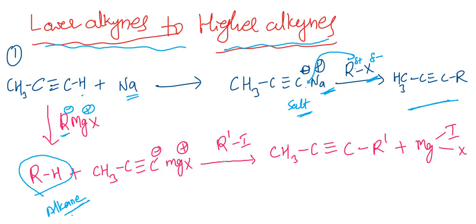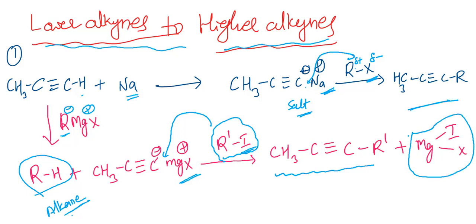And next step, if you react with alkyl iodide or RX, then long chain alkynes are forming. Same mechanism here, R minus, this R plus is attacking here. This I and MgX form the byproduct. Here X means chlorine or bromine, you can take. So lower alkynes to higher alkynes we can prepare like this.